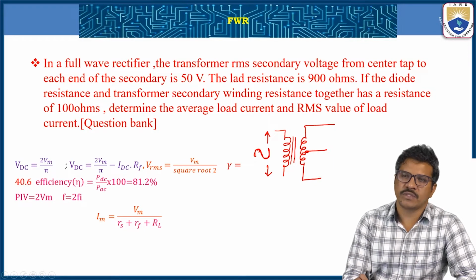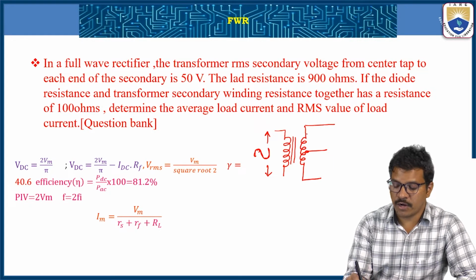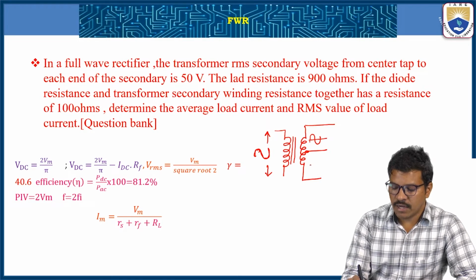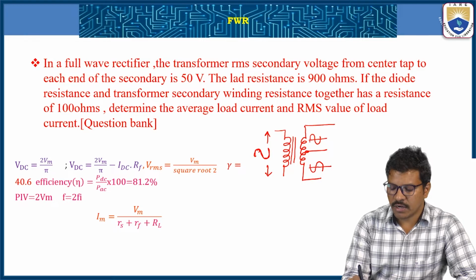The secondary RMS voltage is divided further into half. In one cycle, the step down secondary voltage appears across the upper half of the center tap transformer, and the lower half is quite the opposite of this.